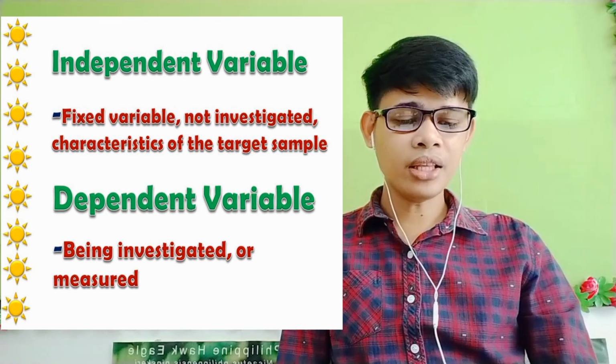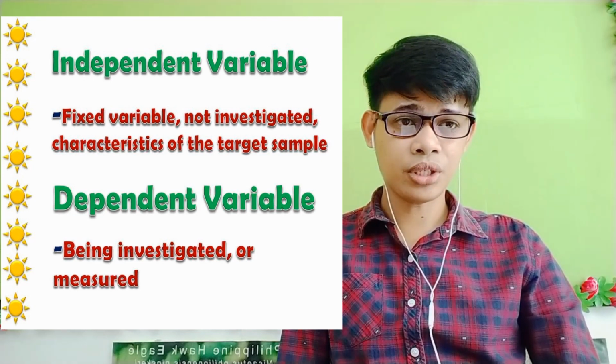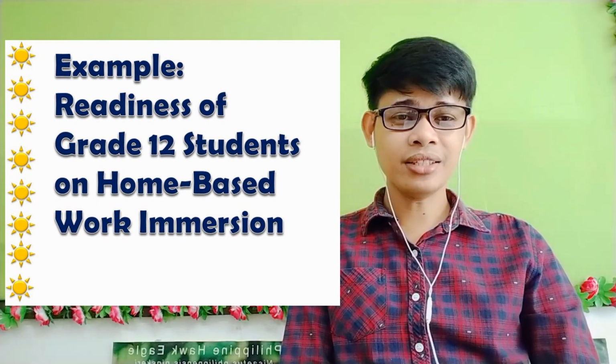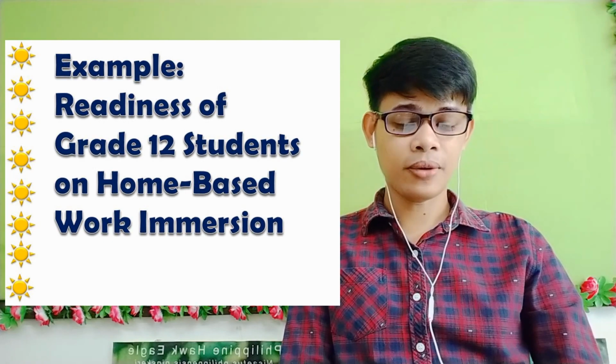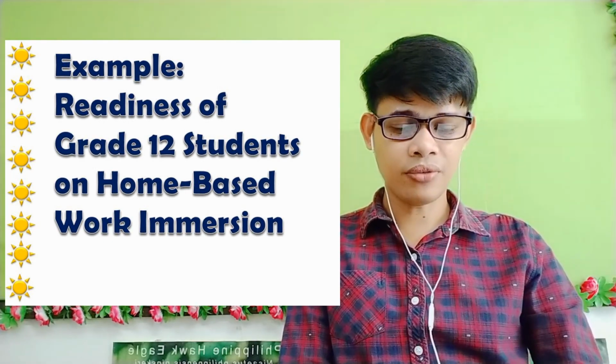While the dependent variable is the one that is being investigated or measured. So we have here an example for you to understand, for you to analyze, and to identify which one is the independent and which one is the dependent variable.